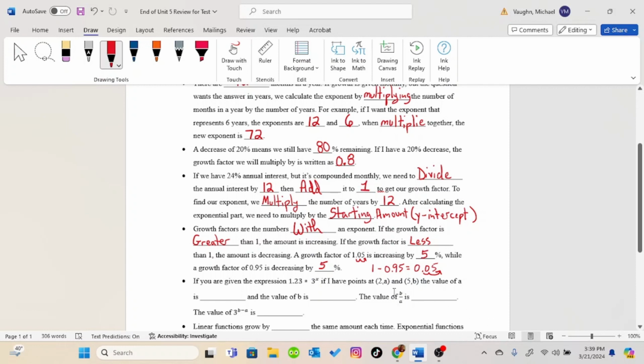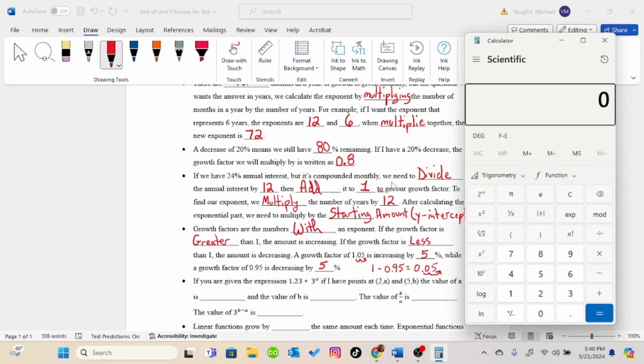Well, if I know what x is, I can substitute that in for x, and when I solve the expression, it will give me my y value. So if I have 3 squared, that's 9. Now if I multiply that by 1.23, I find out that a is 11.07.